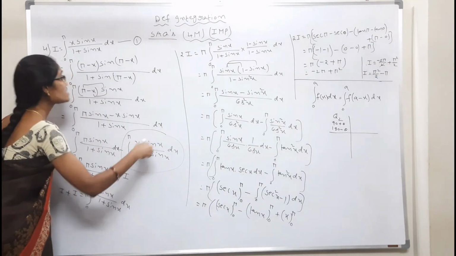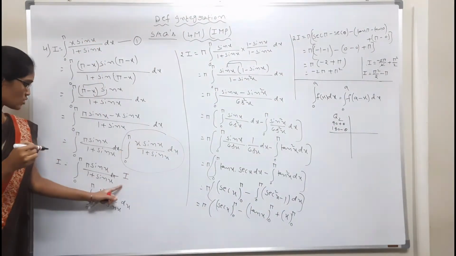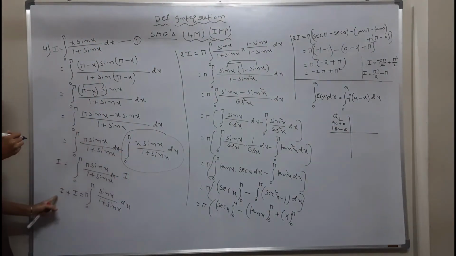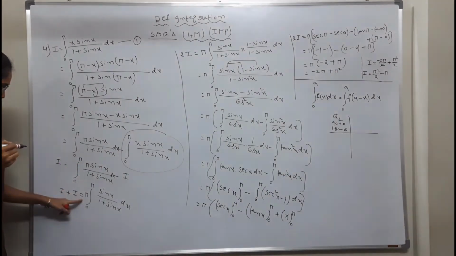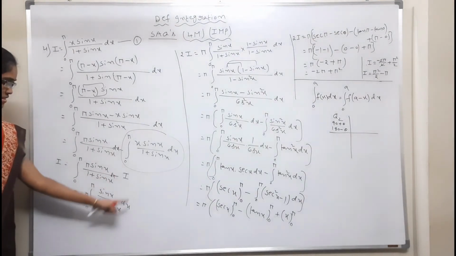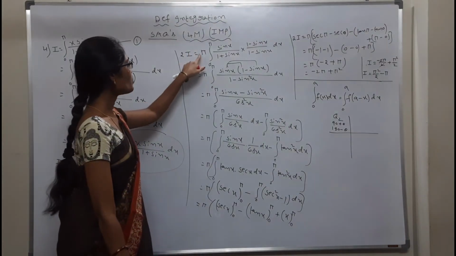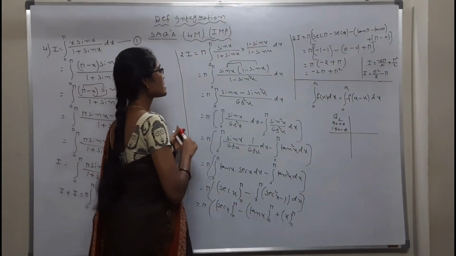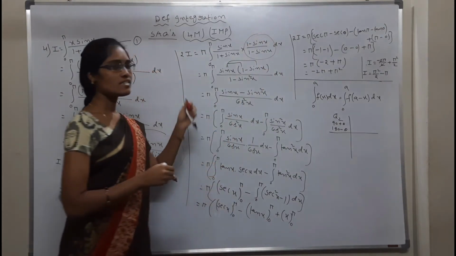So this total part is I, our question. In this place I am substituting I. Minus I goes to this side, I plus I is 2I. So that is equal to pi, which is constant here, so integral 0 to pi sin x by 1 plus sin x dx. Now we have to solve this part. 2I is equal to pi into, here I am rationalizing with the denominator, 1 minus sin x by 1 minus sin x.